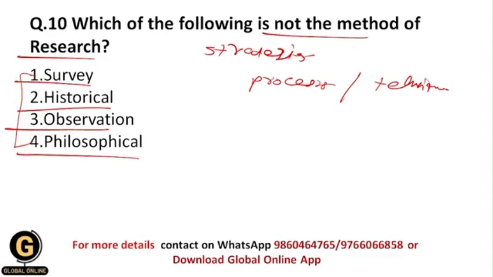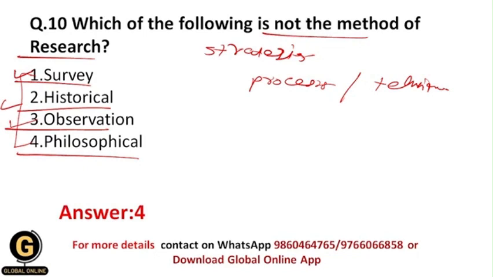Okay, and that's why whenever we see this concept of method of research, you will understand that survey is a method of research, historical is again a method of research, observation is again a method of research, but philosophical is not a method of research.